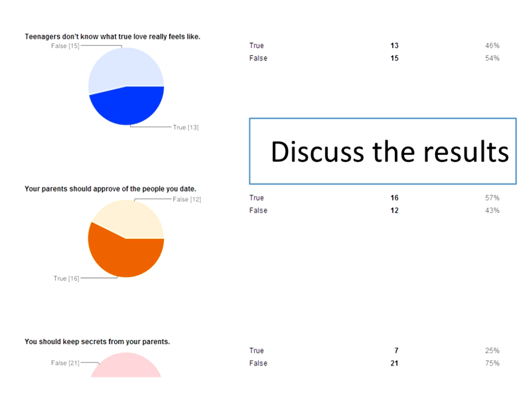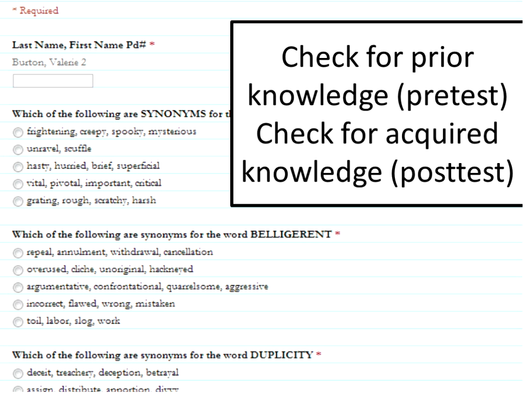A wonderful thing about Google Forms is it allows you to tabulate the results, and you can discuss this data in class. So what we did was we did the pre-reading survey, and then we talked about whether or not we were surprised by the results.